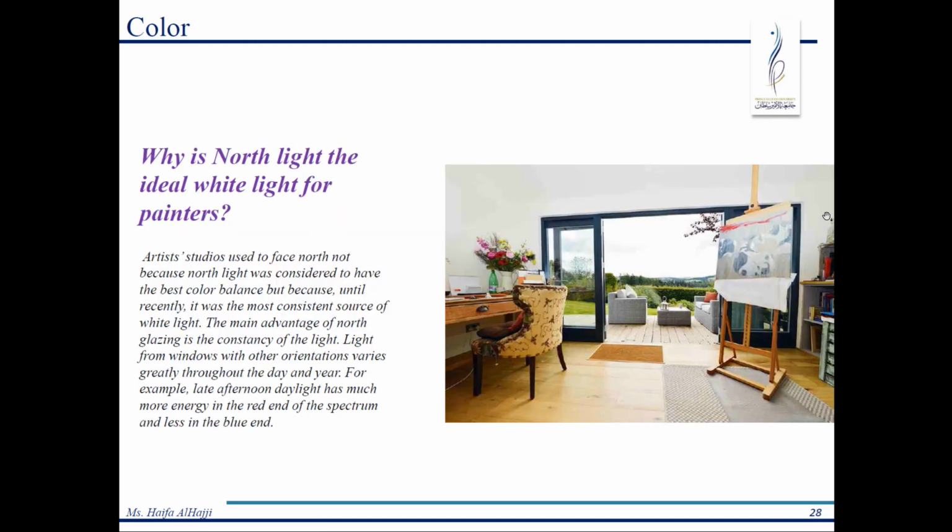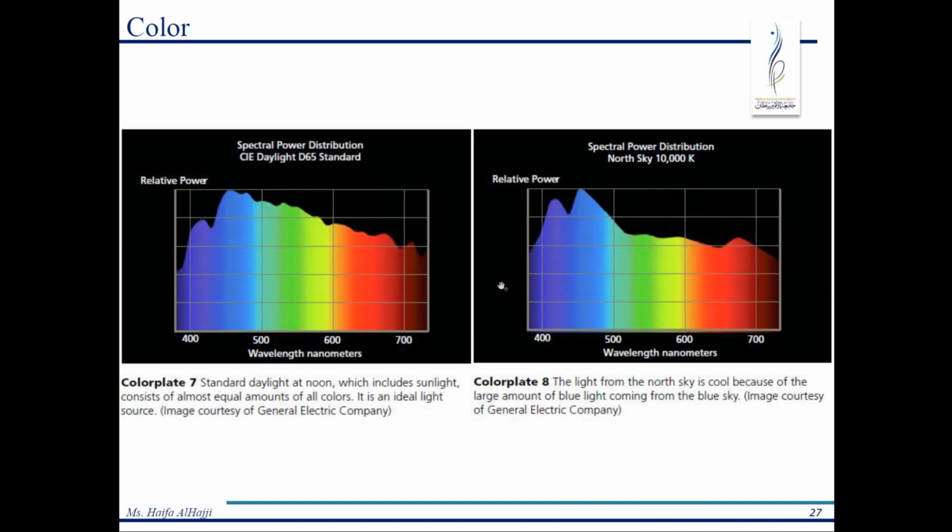So first, let's discuss both, as we know that the southern window introduces light with this SED. So it's more of the white colored light, and the northern window is this one, more bluish.